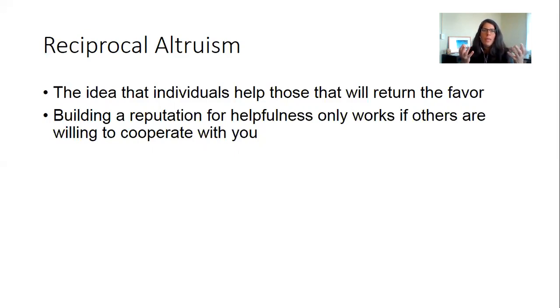However, unless that cheat moves to different communities, that reputation will build and people will stop helping that individual, most likely push them out of the community. So altruism and reciprocal altruism keeps one in the safety of an in-group. It often elevates status.